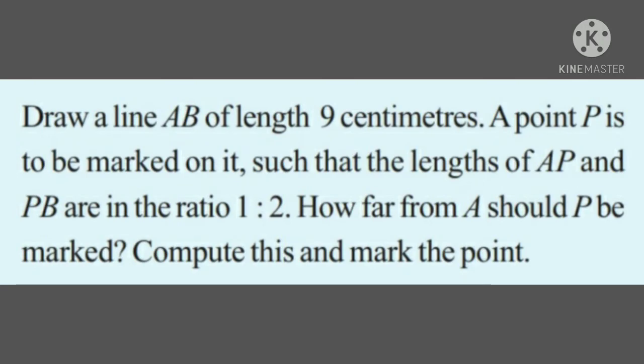Next question. Draw a line AB of length 9 cm, a point P to be marked on it such that length of AP and PB are in the ratio 1:2. How far from A should P be marked? Compute this and mark the point.